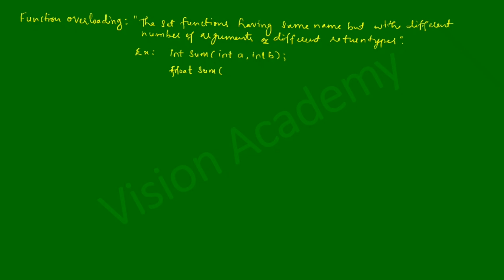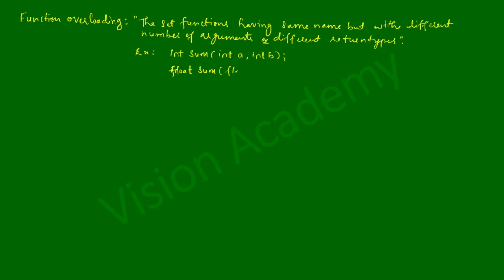You can see here function overloading can also be defined as having the same interface but many methods. We can have more than one function or more than one method with the same name, that is called having the same interface but different methods. So here we are performing floating point type of data.